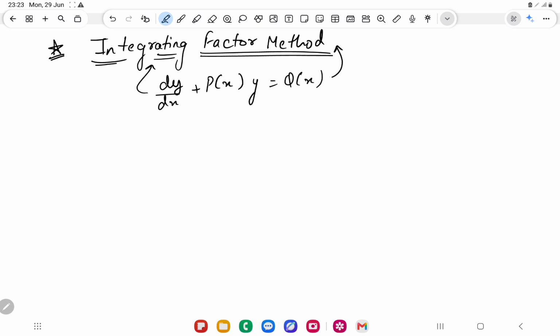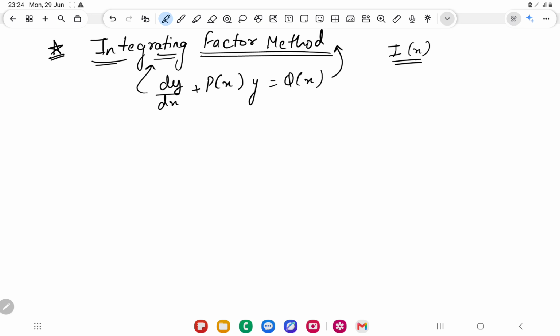Now you cannot separate any variable from this. So the integrating factor will be I of x. I will be using I of x for the integrating factor. Now what exactly is this integrating factor?